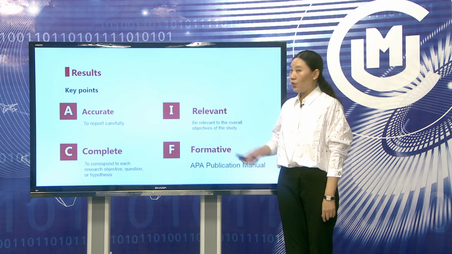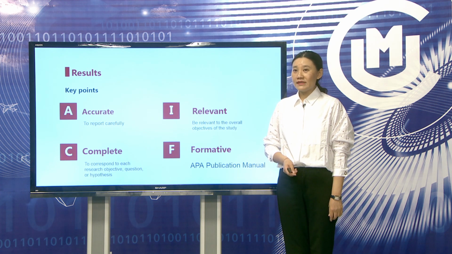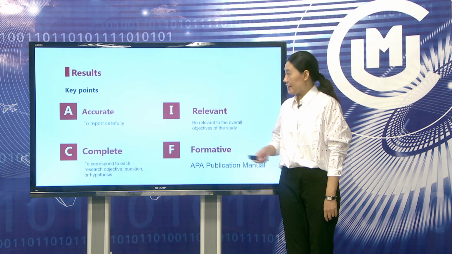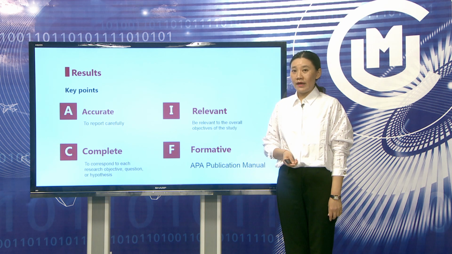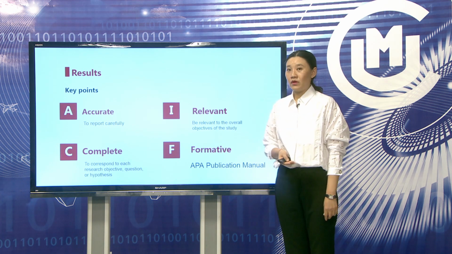Here are key points for reporting results. The researcher must be careful to report all results as accurately as possible, whether or not the hypotheses were supported. For each research objective, question, or hypothesis, the results are provided as completely as possible.